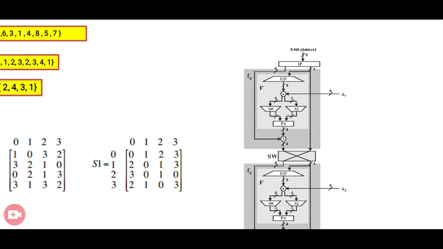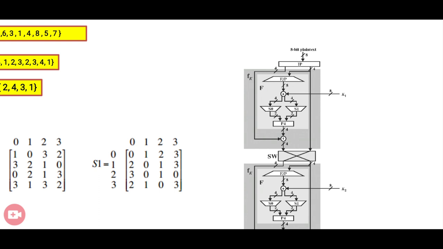Then we use two S boxes here, S0 and S1. Then after combining this output, we apply a P4 permutation with respect to 4 bits, producing a 4-bit output. Then we XOR that 4-bit output with the left half, producing a 4-bit output. Then we interchange the right and left halves, represented by SW.